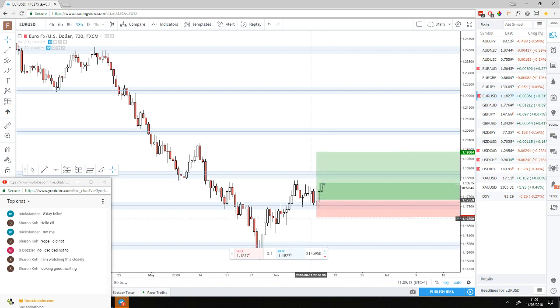EURAUD. There were a few of you long on this one, right? I remember Ash was long on this one. I don't know if Ash is here today. It doesn't look like Ash is here.